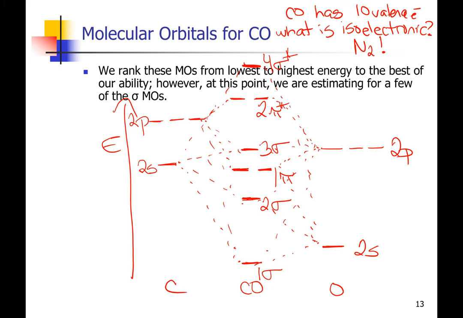The last thing we should do is fill in our electrons. So we have 4 valence electrons coming from carbon and 6 valence electrons coming from oxygen, giving us a total of 10 valence electrons.